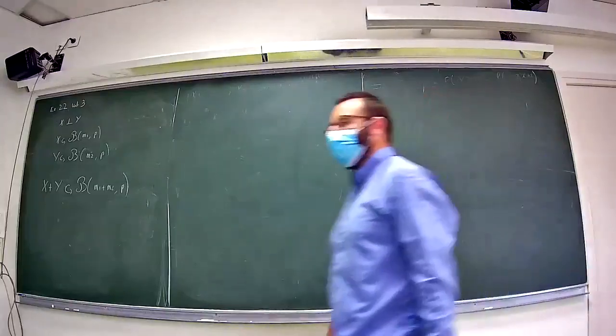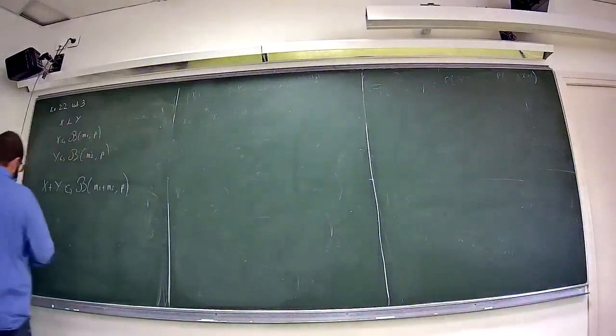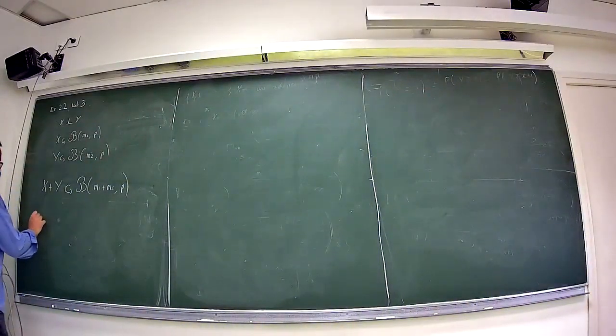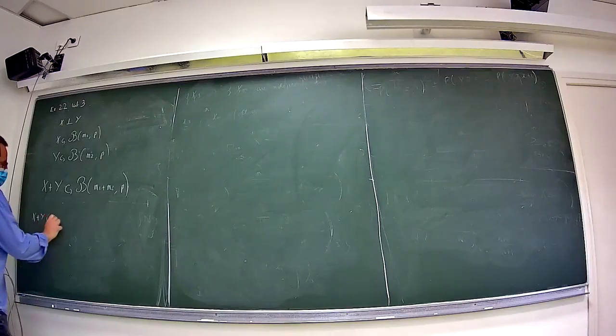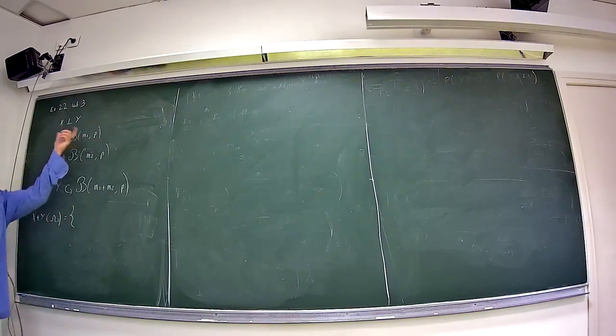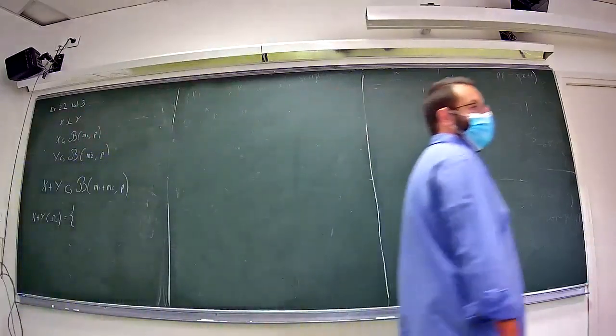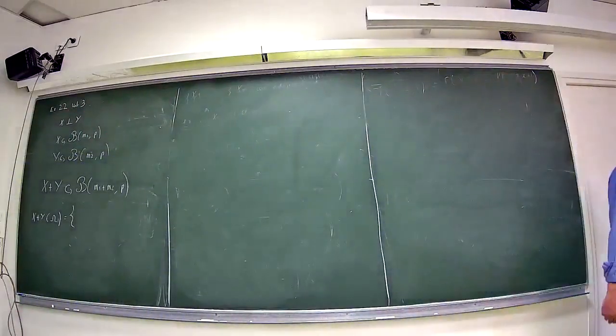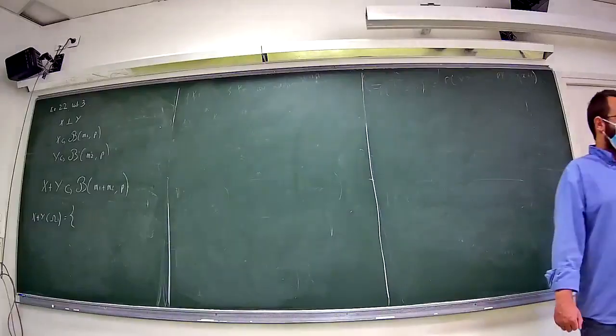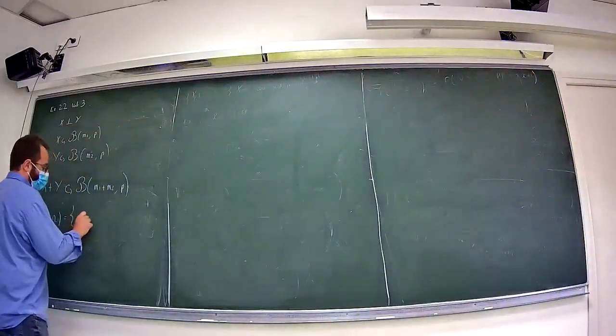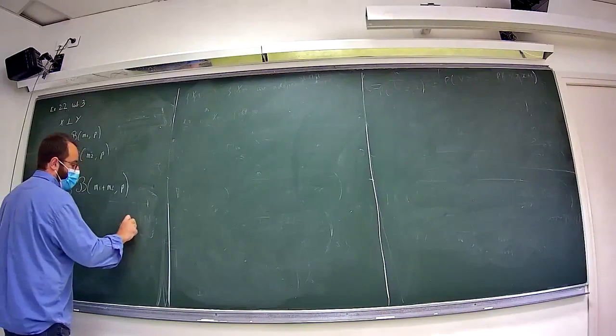So if I do the sum, what is the set of the possible values for the sum? I do the sum of a number between 0 and n1 and a number between 0 and n2. What will I obtain? Between 0 and n1 plus n2.